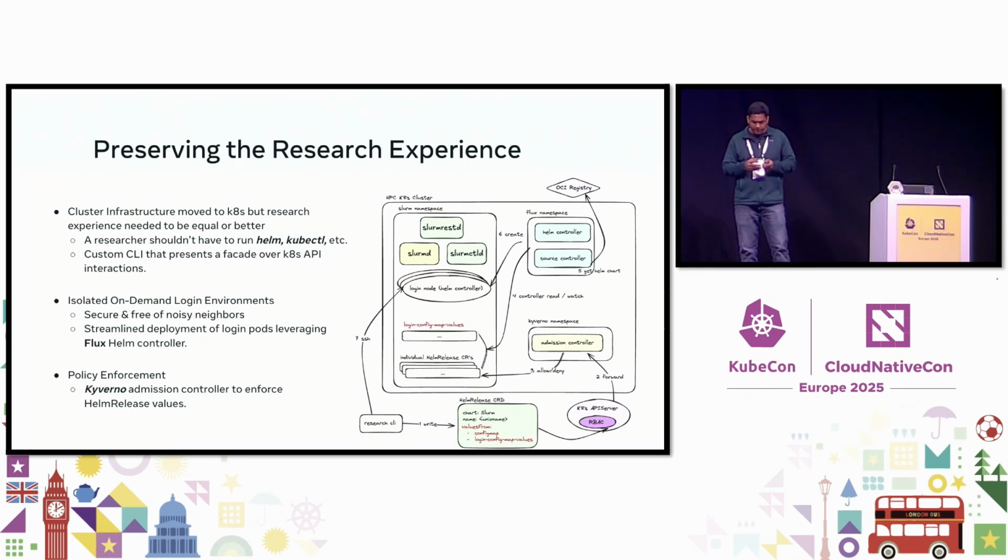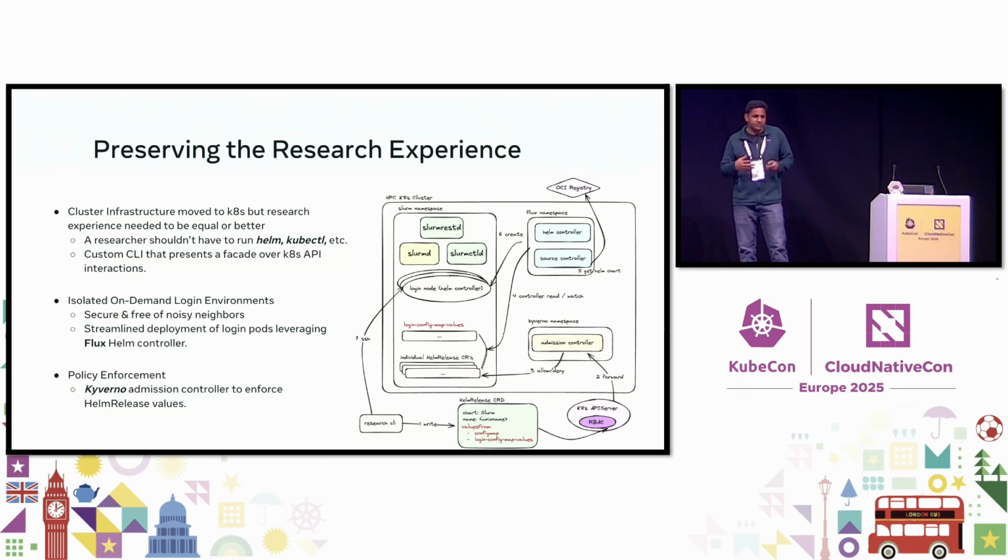We also run a Kyverno admission controller. That is a webhook that you can use. The admission controller makes sure the Helm release is created as we expected it to be. So for example, if I go and start customizing it to get elevated privileges inside the cluster, it won't allow that.